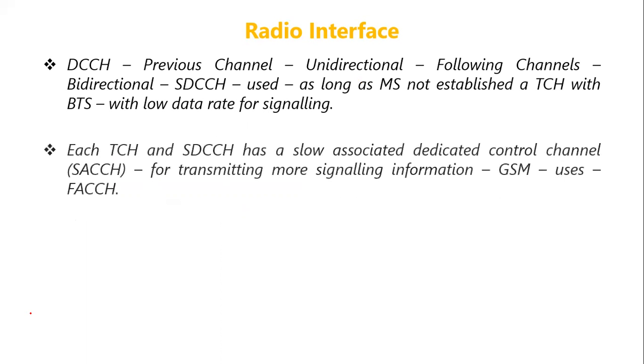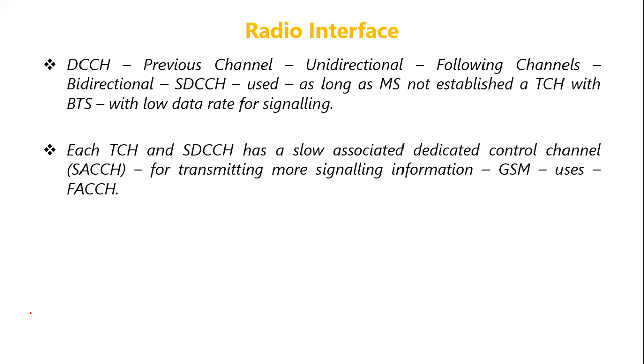Basically, a common control channel contains information regarding connection setup between mobile station and base station. If any mobile station wants to set up a call, it uses a random access channel called RACH to send data to the BTS, and this is done using slotted aloha, so there may be a collision.